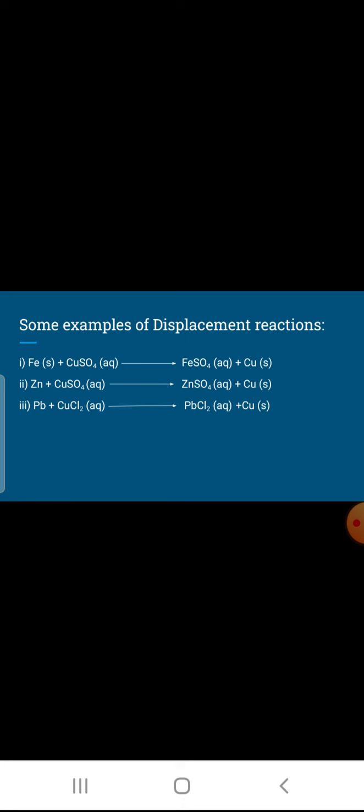Next reaction is zinc. When treated with copper sulfate solution, then it will displace copper from its salt solution, and the product will be zinc sulfate plus copper.